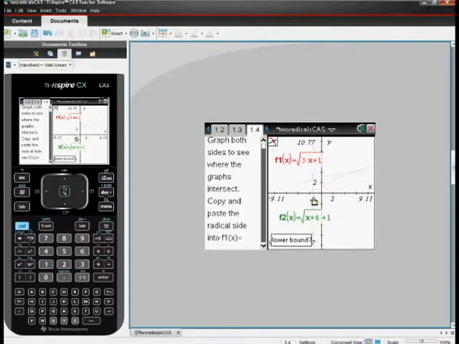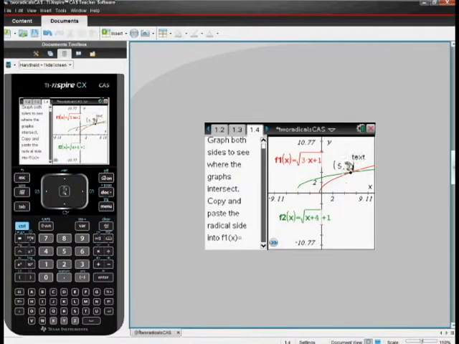It's asking low bound right down here, so you drag this over until it's to the left of that point right here, and just click. Now it's asking where's the upper bound. In other words, where should I look after that for the intersection? As soon as you drag past that intersection point, you can click. Now it tells us that the intersection is at the point 5, 4.